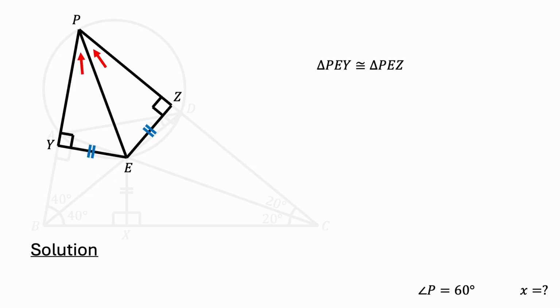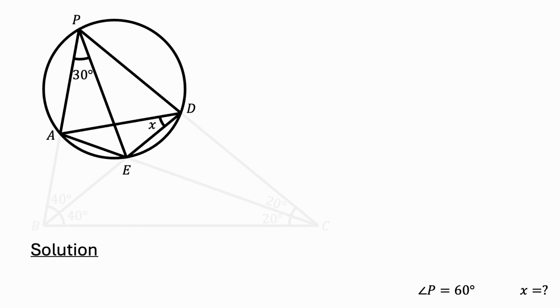Since angle YPE and angle ZPE are corresponding angles in congruent triangles, we have angle YPE equals angle ZPE. Since angle P equals 60 degrees, angle YPE equals 60 degrees divided by 2, which equals 30 degrees.